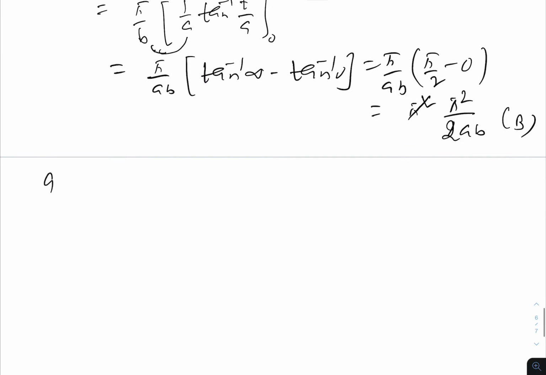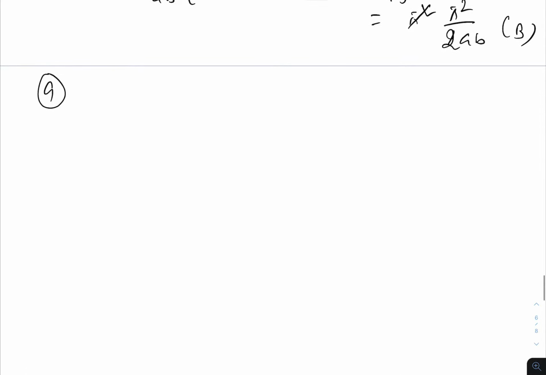Take one more example. Integration 0 to 1 of log of 1 plus x over 1 plus x square dx is equal to blank.